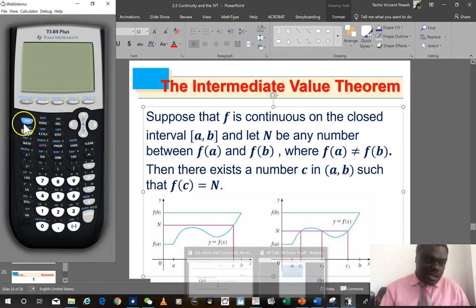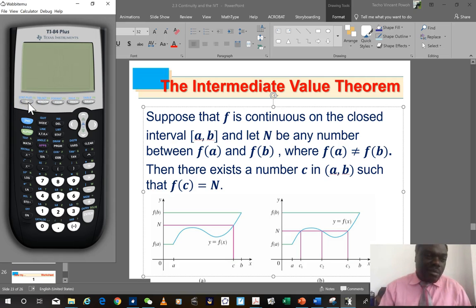We have the function f of x there. Let me turn on my calculator. This is f of x, the value of the function that we have there. And what we need to do here is find f of 1 and f of 2.